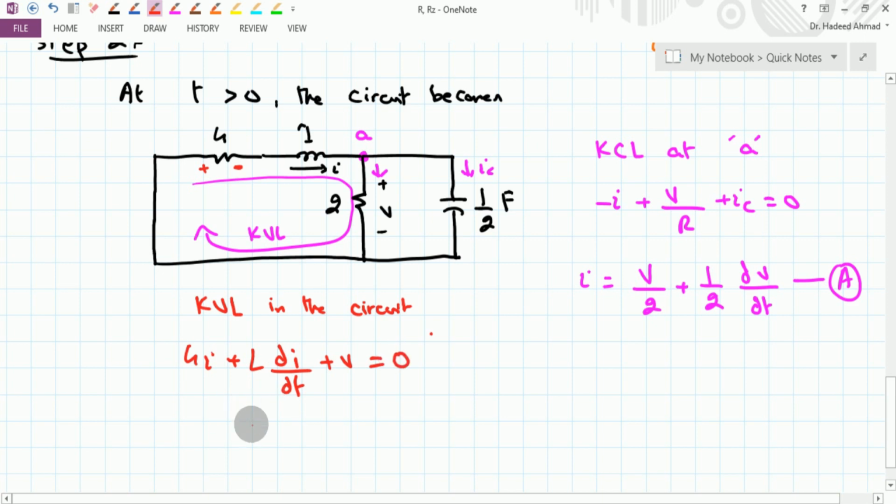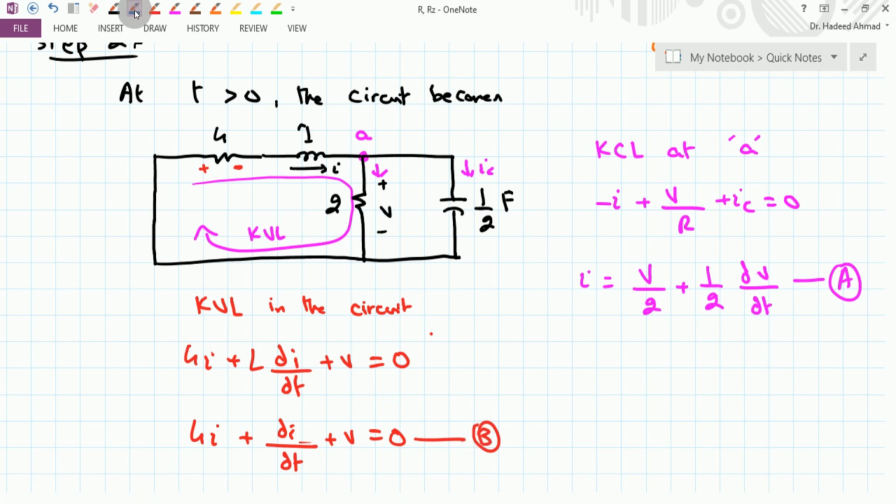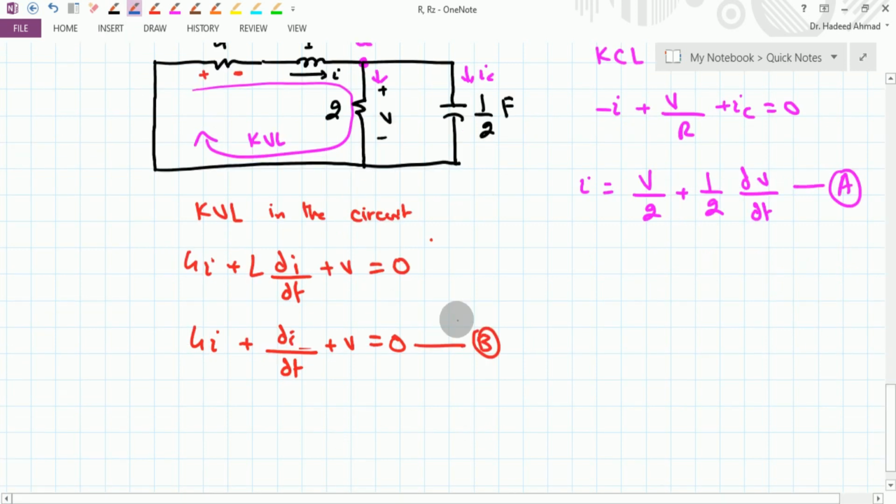So this can be written as 4I plus di over dt plus V, and that is equal to 0. This is my equation number B. Now the things are quite evident that we can substitute the value of I into this equation number B if we want to find out the voltage V for this given circuit.